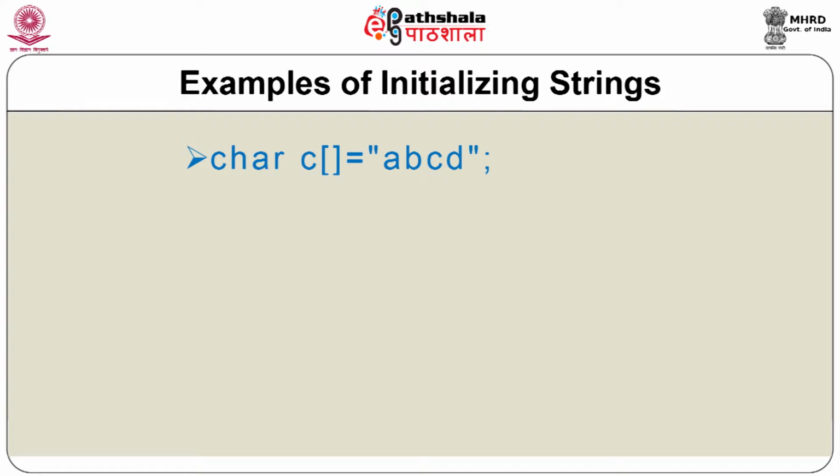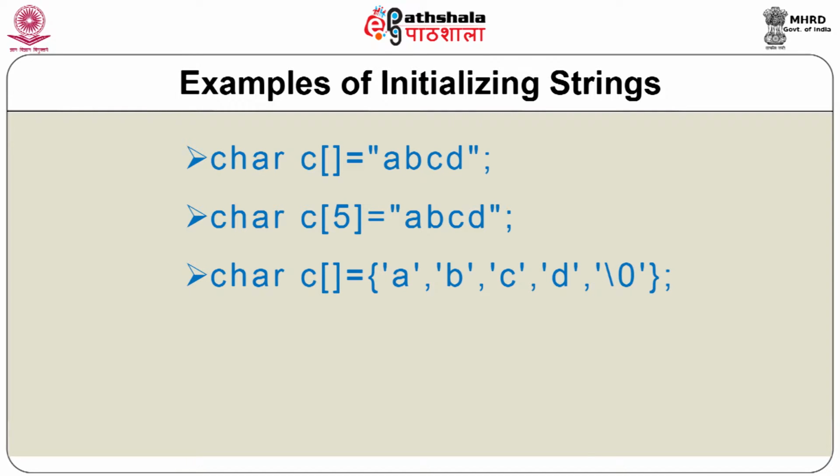In the next initialization, you can see character C5 and given characters like A, B, C, D. In the third, we have written only character C, no value in the bracket, but we are using curly brackets for assigning characters like A, B, C, D and \0.